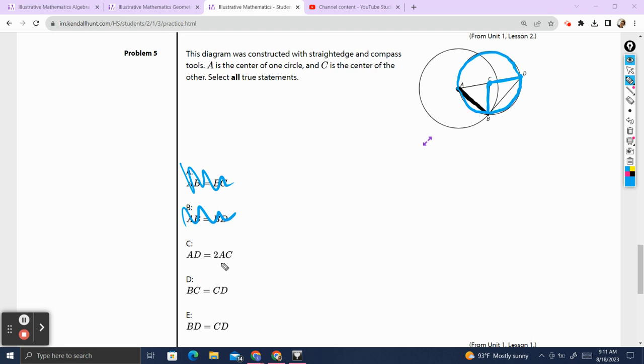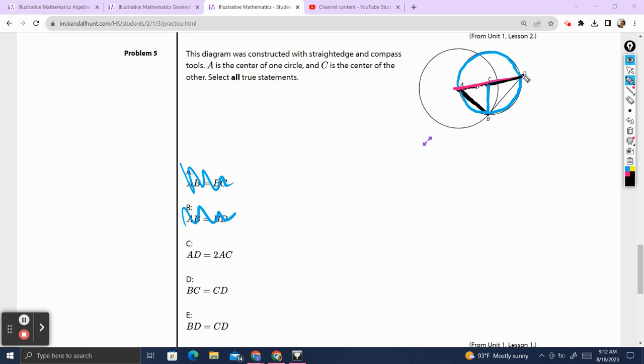Is AD equal to 2 times AC? Well, let's think about that. We have AD, which is here. That's a segment that I did not consider in my original diagram. And then we have CD, which is here. Well, that's a radius of the small circle, or circle C. And this dotted line is also a radius.